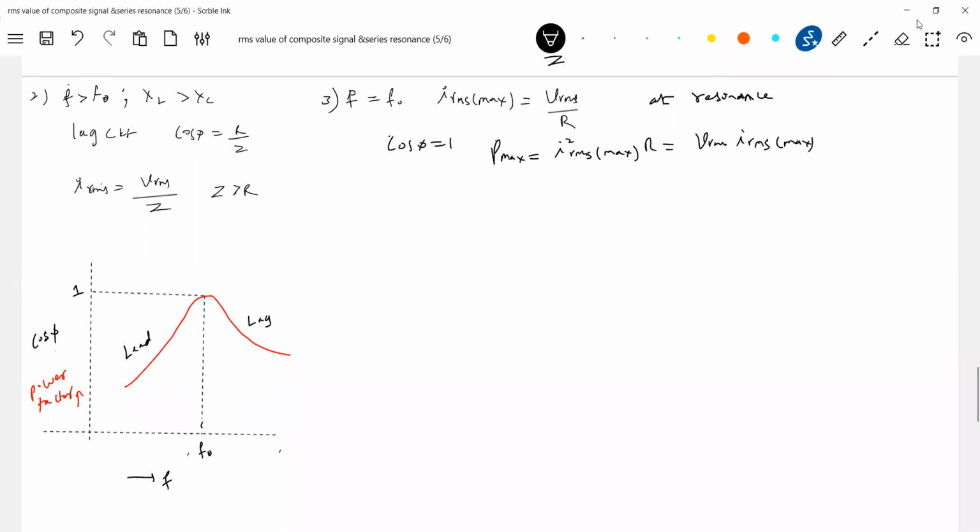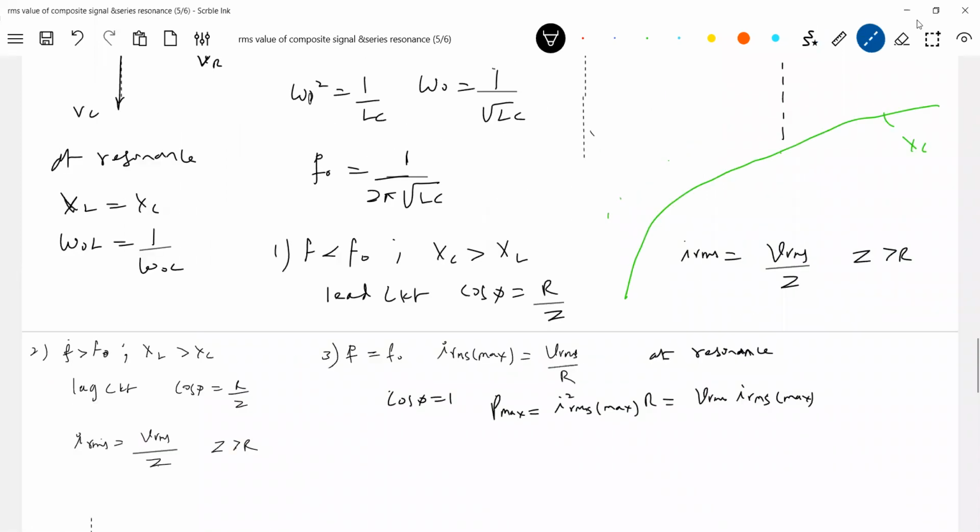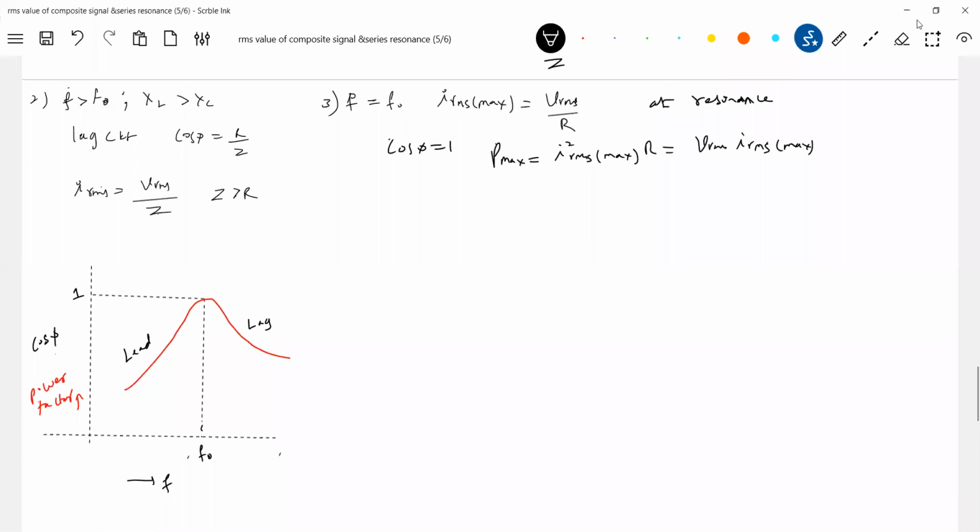What about the resistance, will any changes come? I'm not going to disturb it. So what should be the value of f naught? It depends upon L and C, which determine the resonant frequency of the circuit. So I'm going to keep L and C fixed and change the resistance.